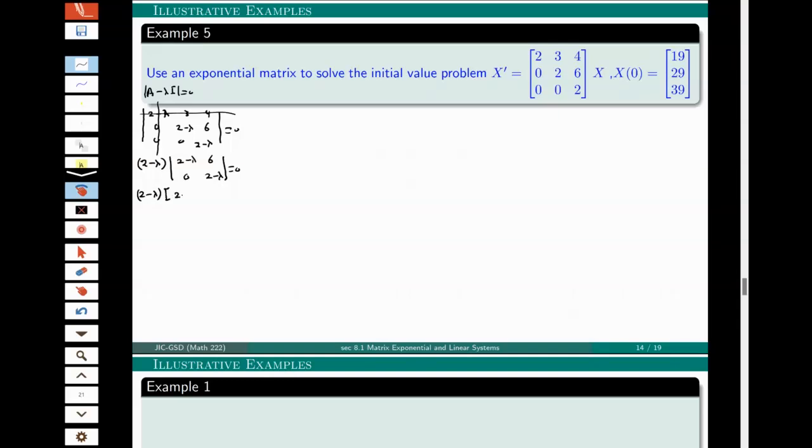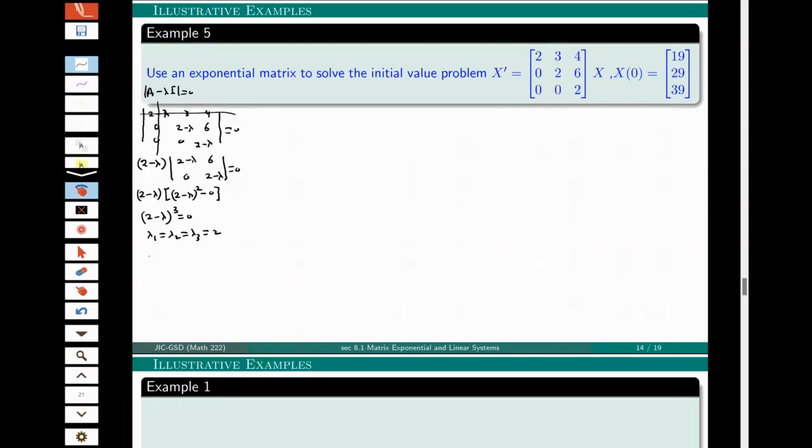We'll expand this one, it will be 2 minus lambda all squared minus 0. So it will be 2 minus lambda all to the power 3 equal to 0, which means lambda 1 equals lambda 2 equals lambda 3, which is equal to 2.